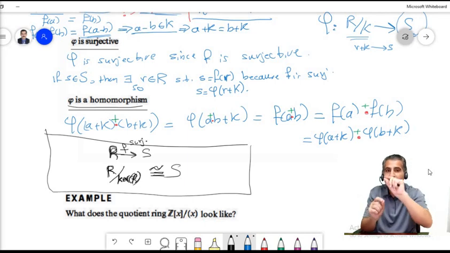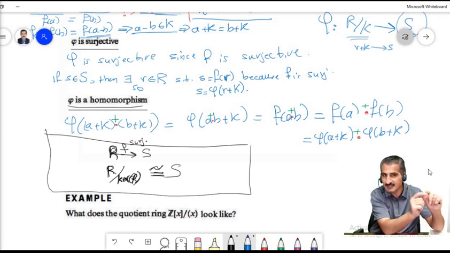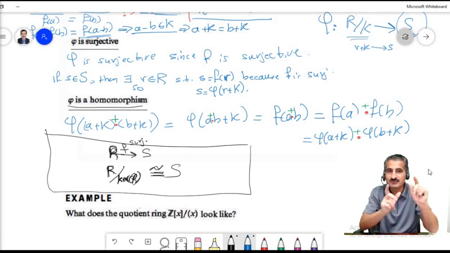If two elements in the domain R go to the same image in S, that's because the two elements differ by an element from the kernel. That means one of them minus the other gives you an element in the kernel. The difference between them is an amount of the kernel.